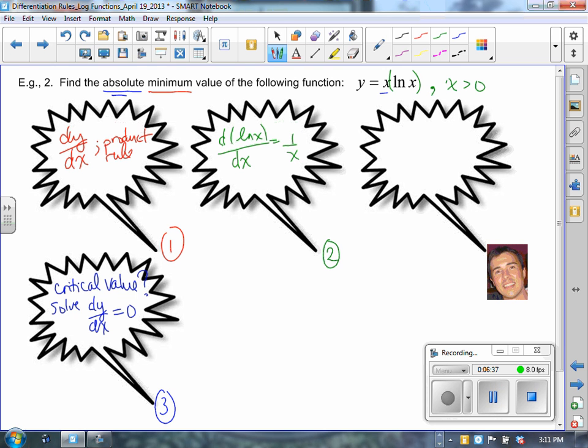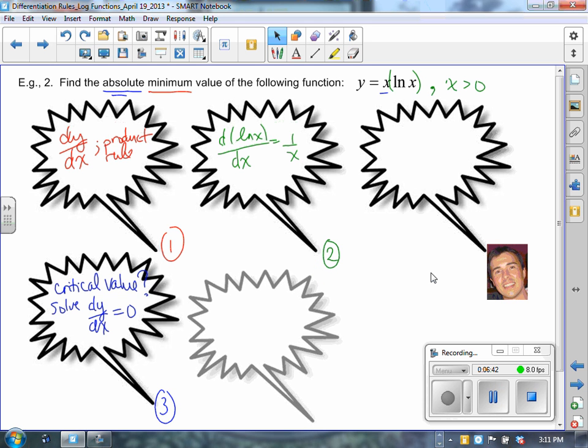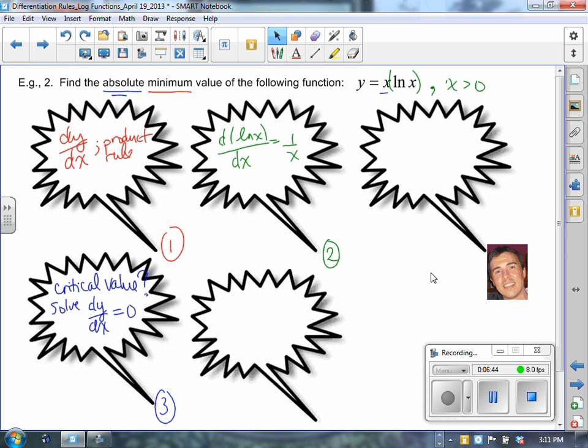Okay, so then once we have that in place, you'd have the critical value, which is the x coordinate for that particular local, well in this case it'll be an absolute extreme, not just a local minimum, but it's supposed to be the absolute in this case.